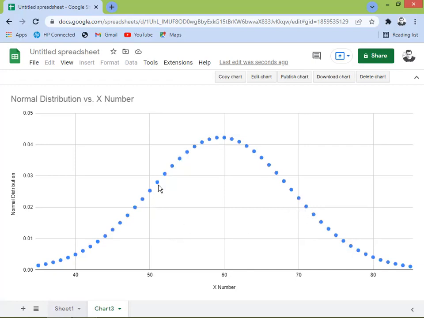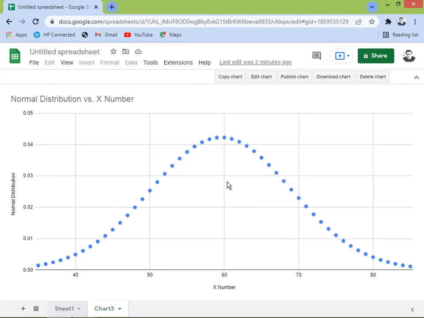So this would be 51 right here, minus 1 sigma. On the positive side, 60 plus 9 would be 69. So between 51 and 69, that would be our observation area.